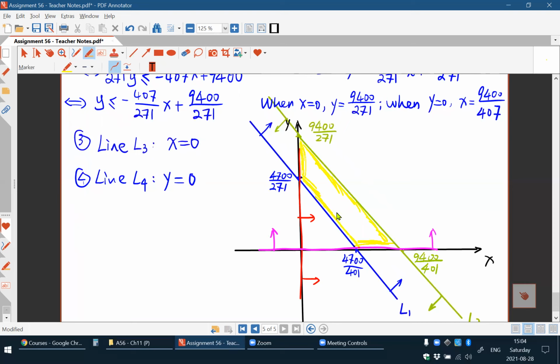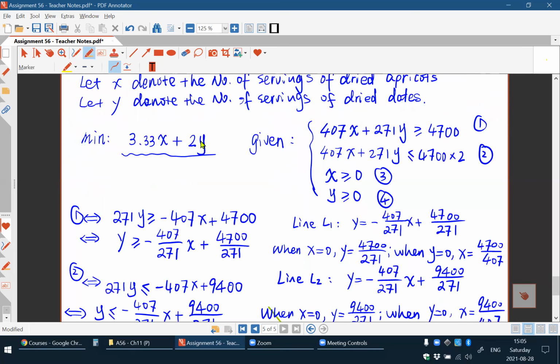So this is our bounded region. And we need to consider different values of the target function here in the bounded region.